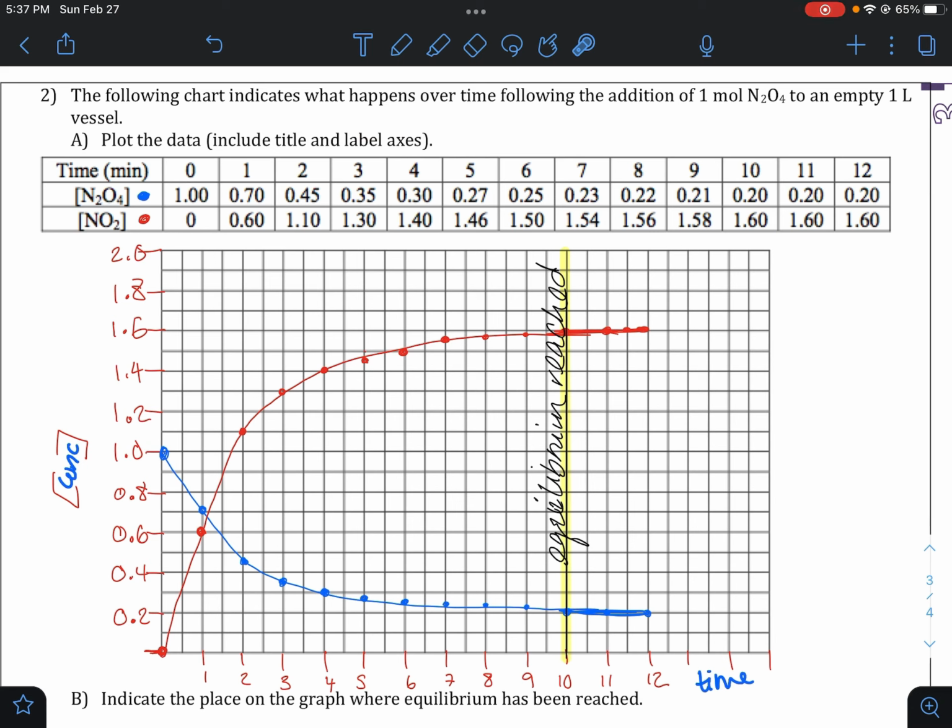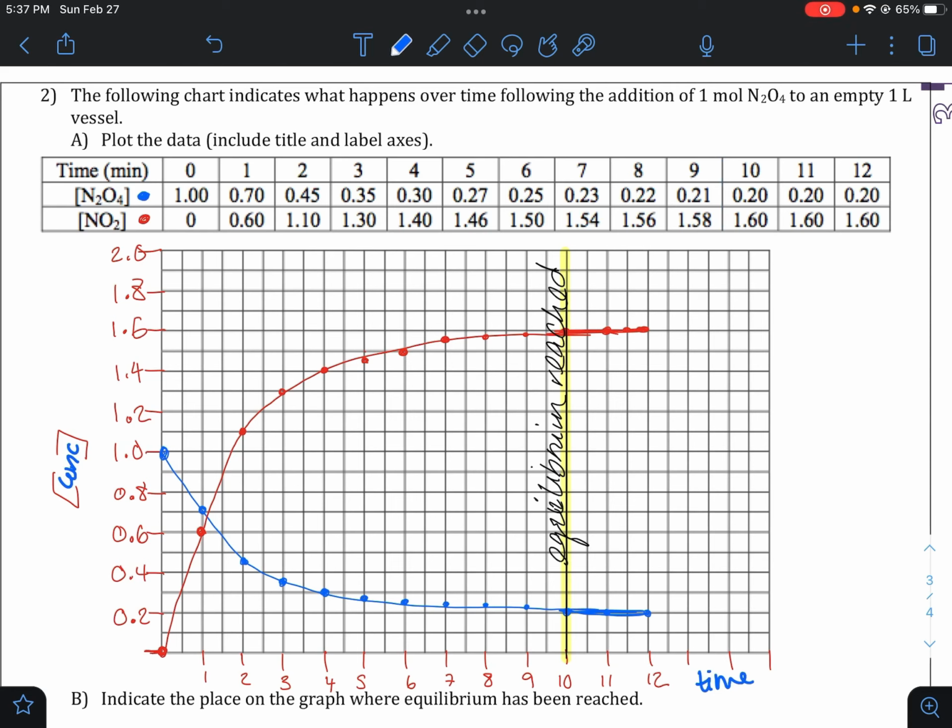The blue line is going down because N2O4 is going to turn into our NO2. And at some point right here at 10, our concentration is 0.2, and then it remains 0.2. 1.6 remains 1.6. So it is not equilibrium between these two values.